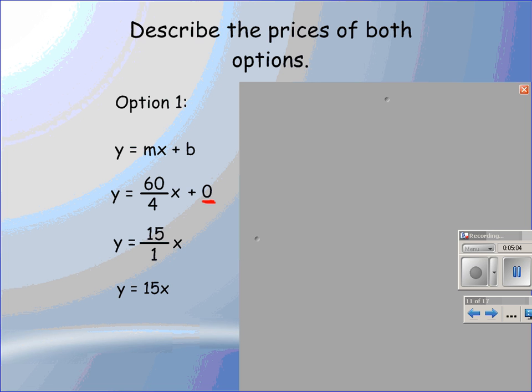Now the next step, all I did was I simplified 60 over 4 to 15 over 1. And notice that I did not put the plus 0. We really don't need that in the equation. Then the next step, I simplified the 15 over 1 to just 15.